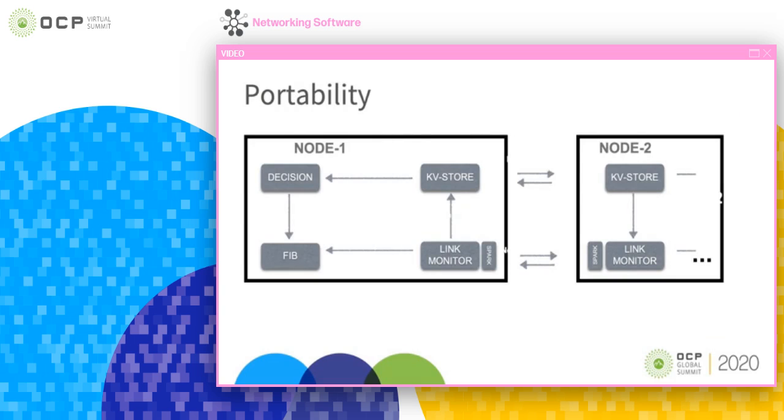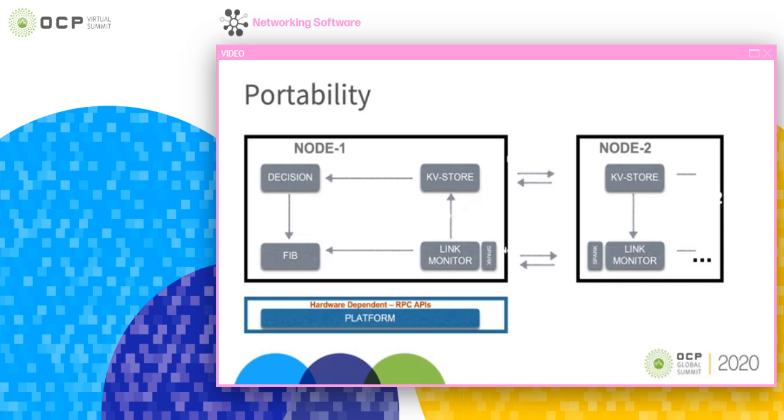The network is built up of many different vendor devices. Maintaining homogeneity in the network is pretty hard. In order to support OpenR on the different vendor devices, we abstracted out the hardware-dependent part with RPC APIs. There are two main RPC APIs that a platform needs to support.